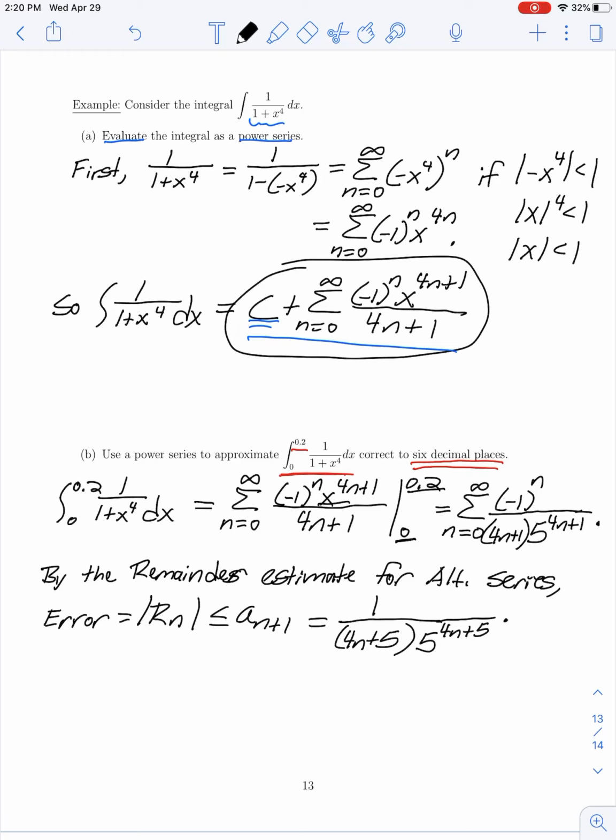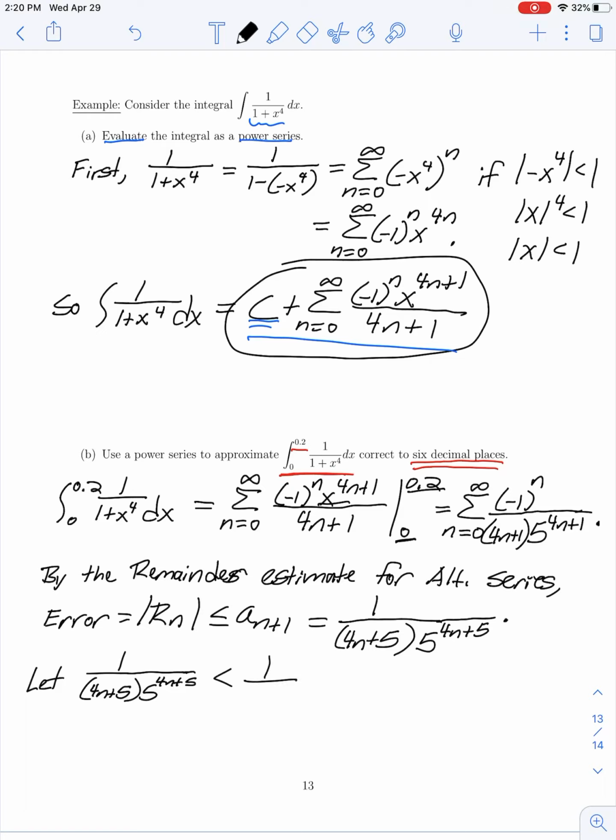So in order to have the desired accuracy, I would take the expression for this maximum error, that is 1 over (4n+5) times 5 raised to the 4n+5 power, and I need it to be less than whatever accuracy bound I'm given. In this case, we need accuracy to within 6 decimal places.